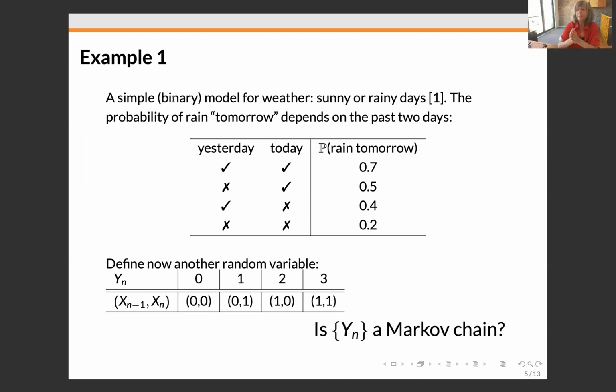Now, this is a very simple example, but it illustrates a very important method and a very important observation. When we want to program something on a computer, the only thing that we can do is program Markov chains. The computer cannot deal with anything else. Why?